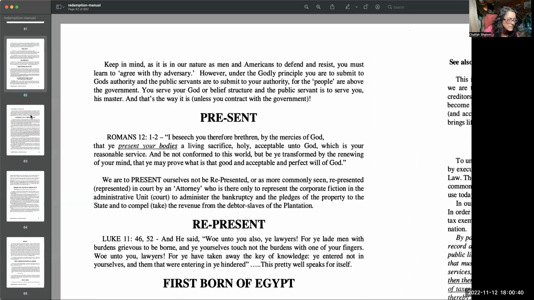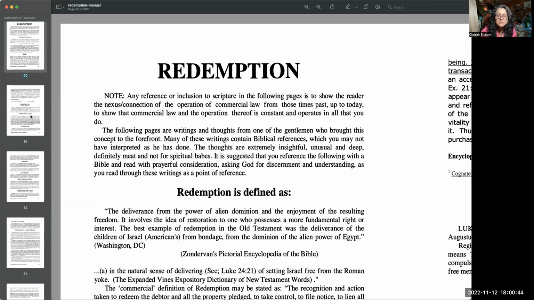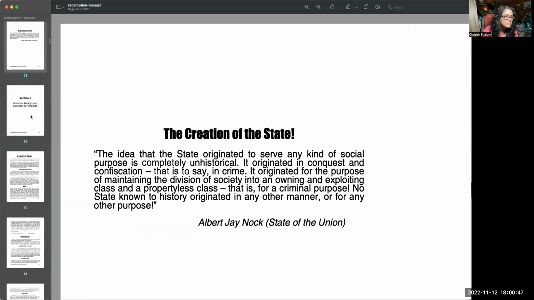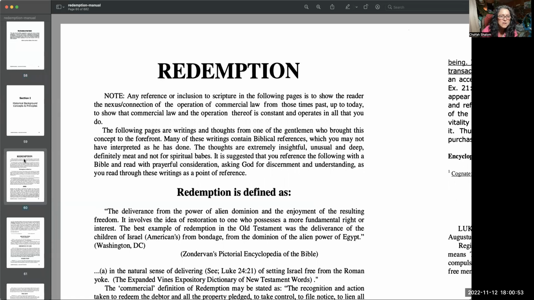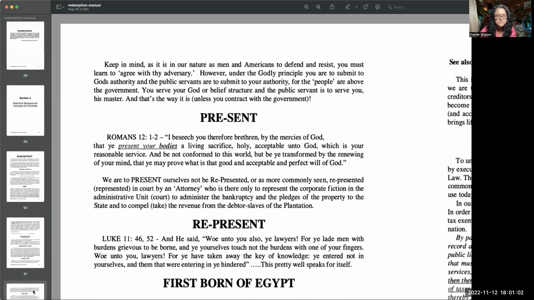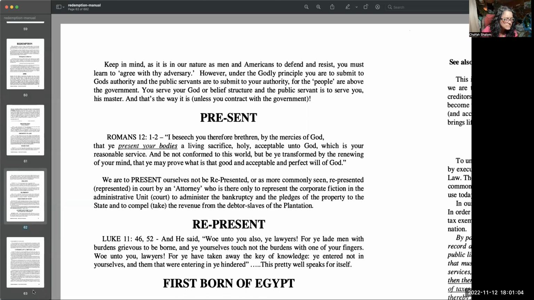I'm going to have to look to see what happened to that. Wait, what page? This is page 60. Okay, we read that, I think, in the other one. Is it page 62? Darn it. I hate it when this happens.